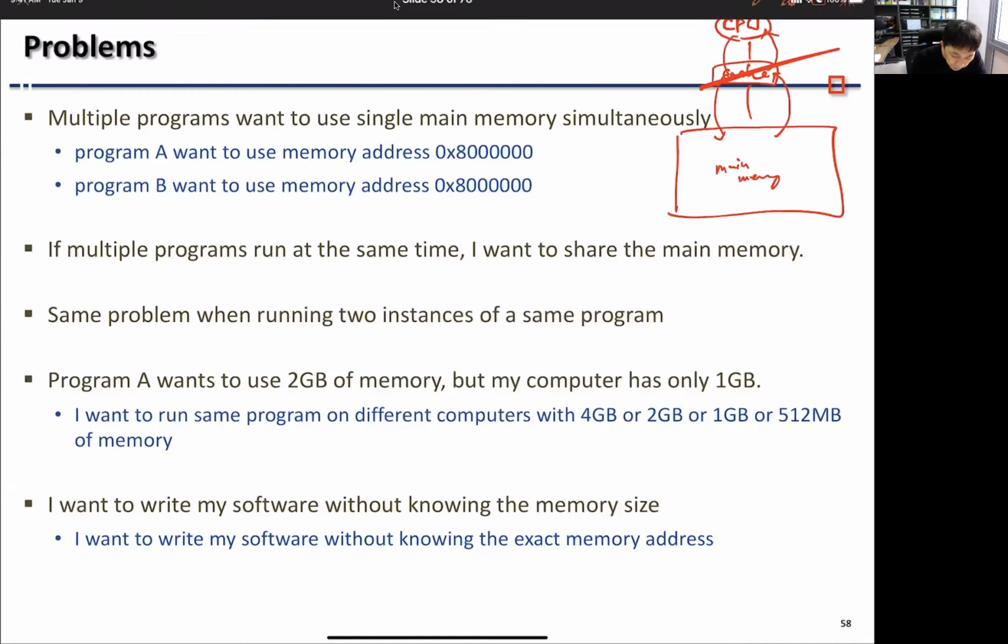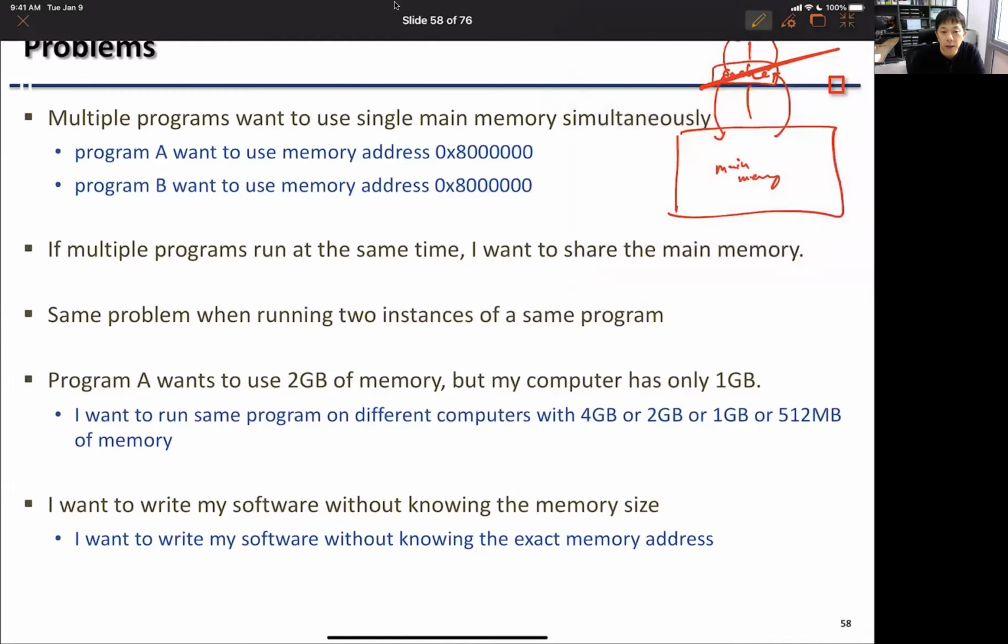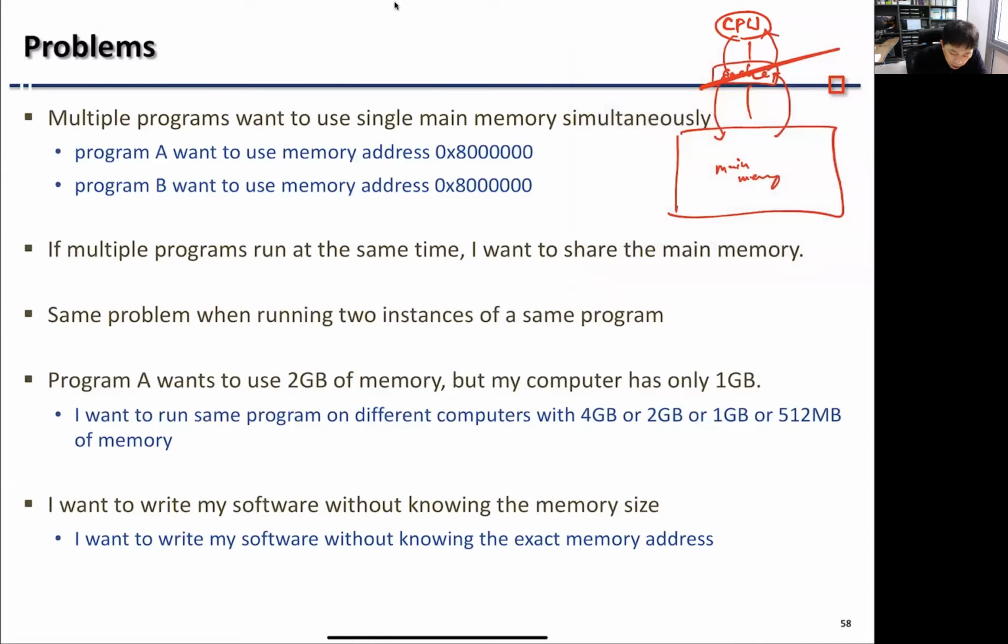Let's say we are running some program, your program. Your program is in the main memory and your CPU is running the program. How do you run the program? You're running instruction by instruction by instruction, sequentially in the memory.